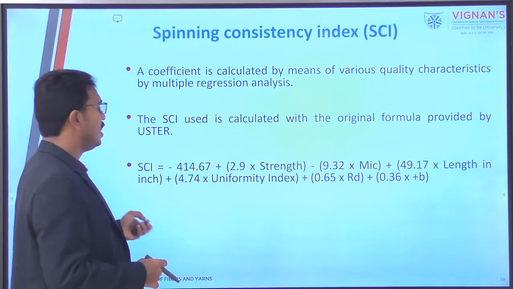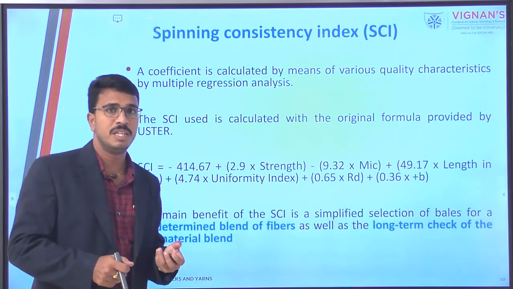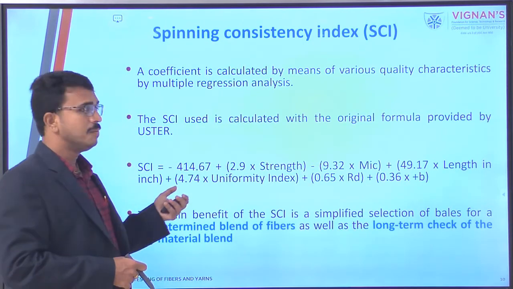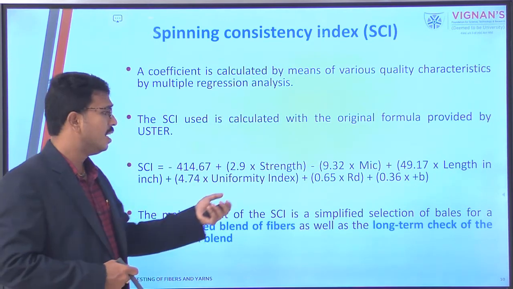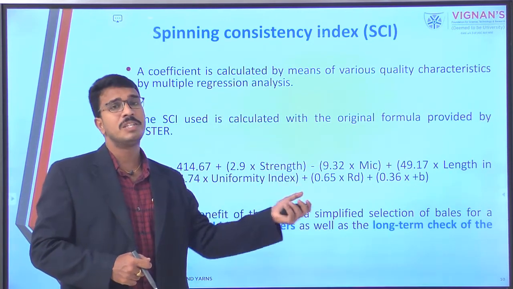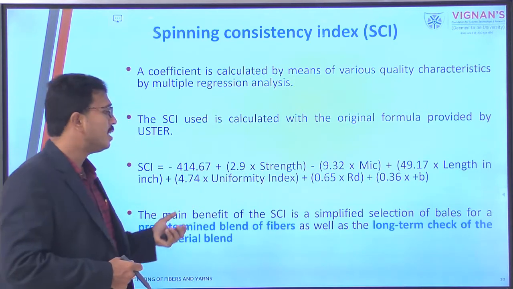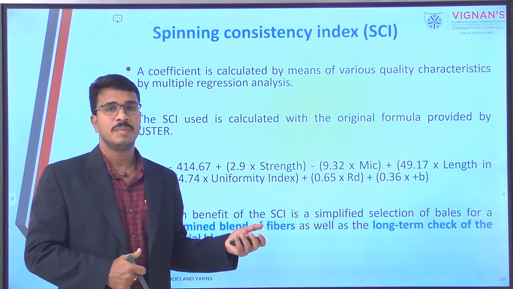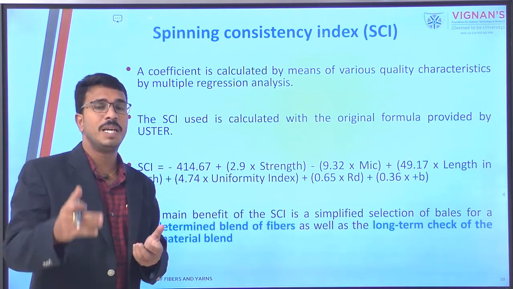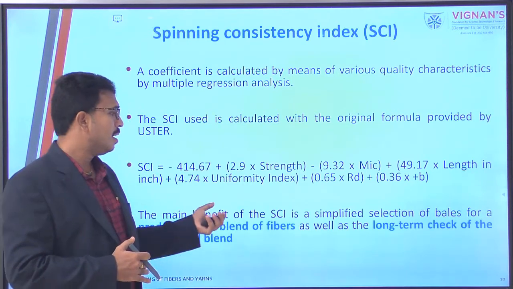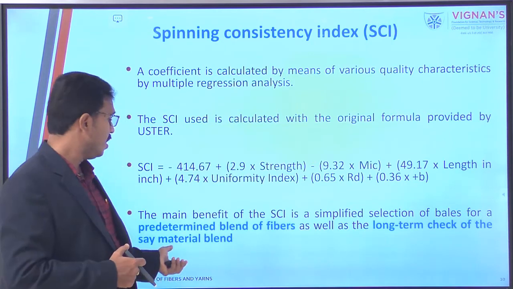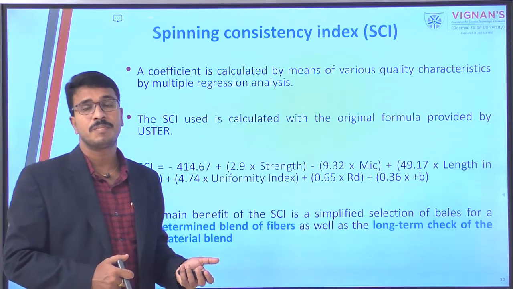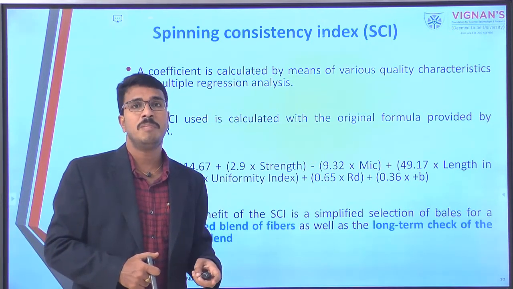And what do we need to measure this spinning consistency index for? Whatever index we are finding out, its main benefit is a simplified selection of bales for a predetermined blend of fibers, as well as the long-term check of the blend material.